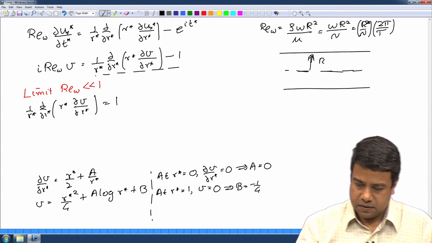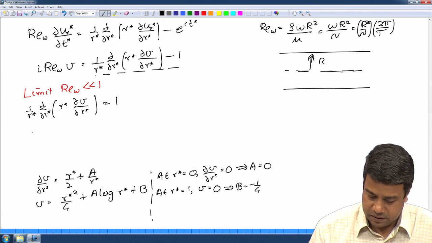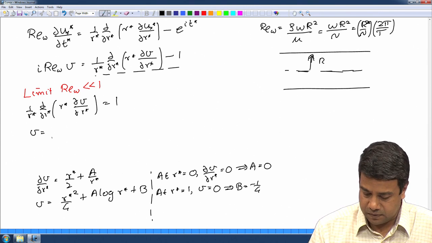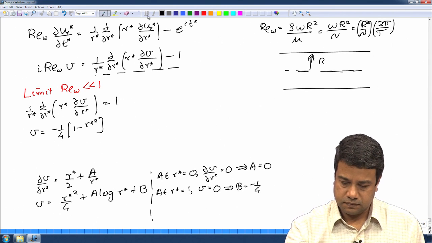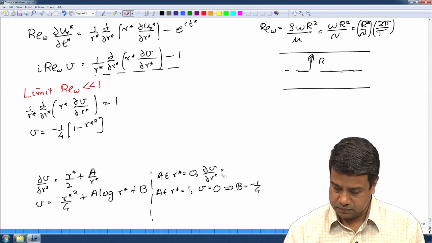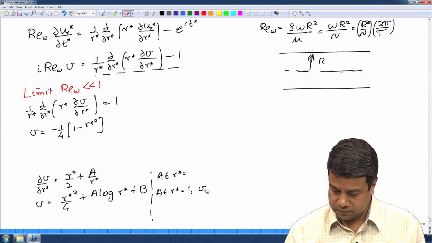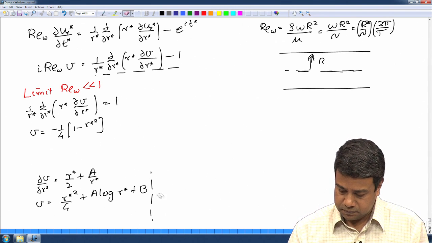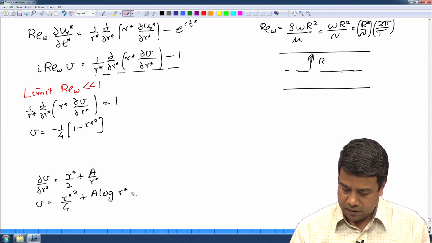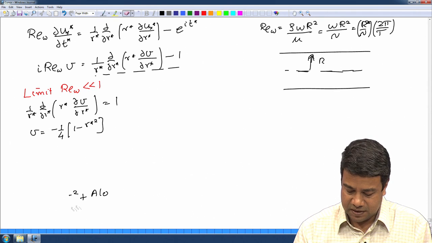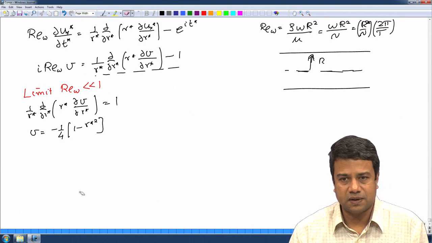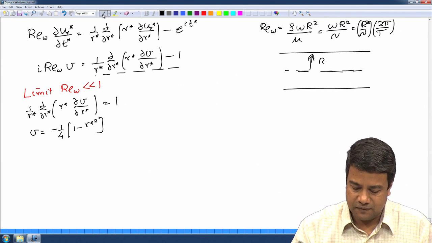So, therefore, my solution for v is equal to minus 1 by 4 into 1 minus r star square. You might recognize that this solution procedure is exactly the same procedure that we had used for a steady flow in a pipe.